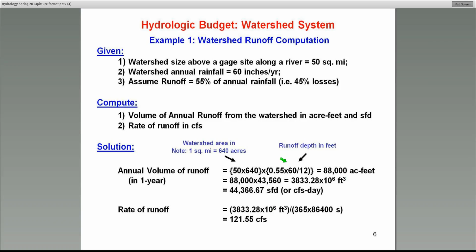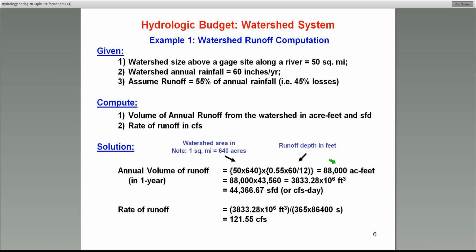That will be in inches, so you have to convert that to feet first. Divide by 12, and that gives you the total runoff depth in feet. Then you multiply that by the area in acres, 50 times 640. So you get the total volume of runoff, which is 88,000 acre-feet.